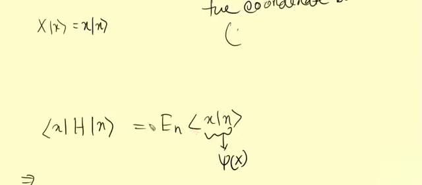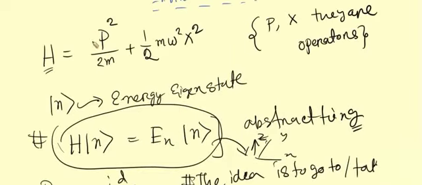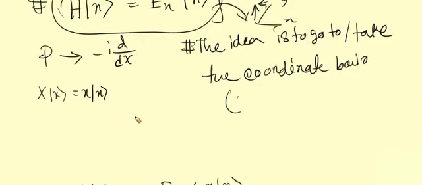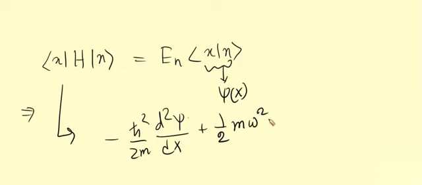And if you do all of that, this will finally turn out to be something like minus h-bar squared over 2m. The Hamiltonian had p squared, so there will be an i squared and d/dx times d/dx, which corresponds to a second derivative. So there will be d squared psi, I'm not writing the x explicitly, and here you'll have 1/2 m omega squared, where omega is the frequency of the oscillator, times x squared.